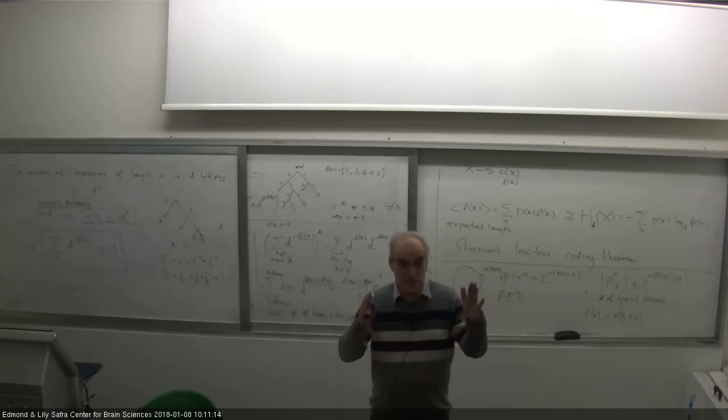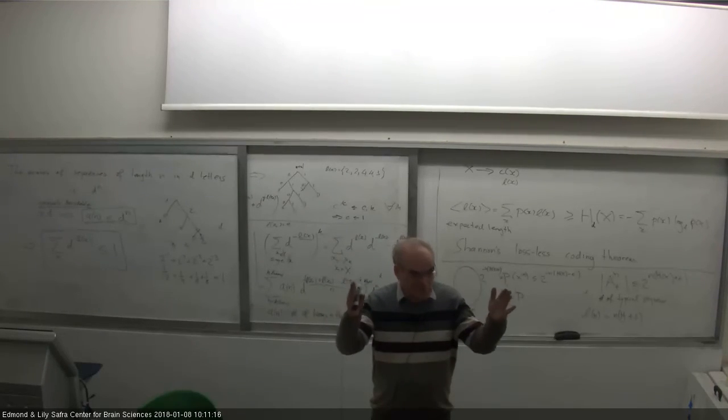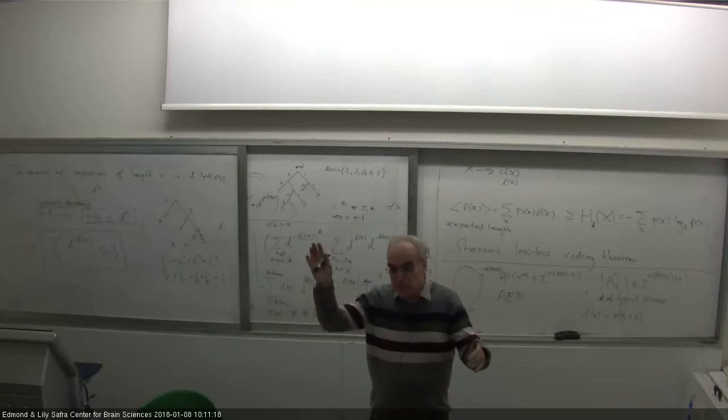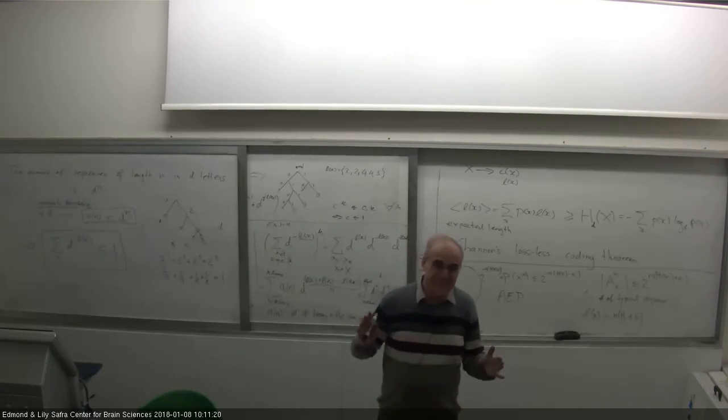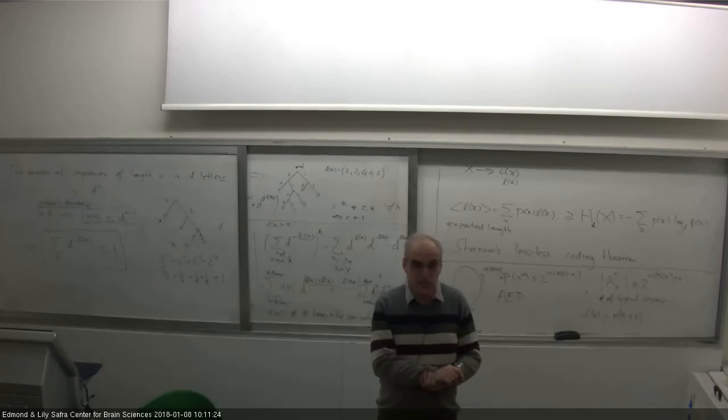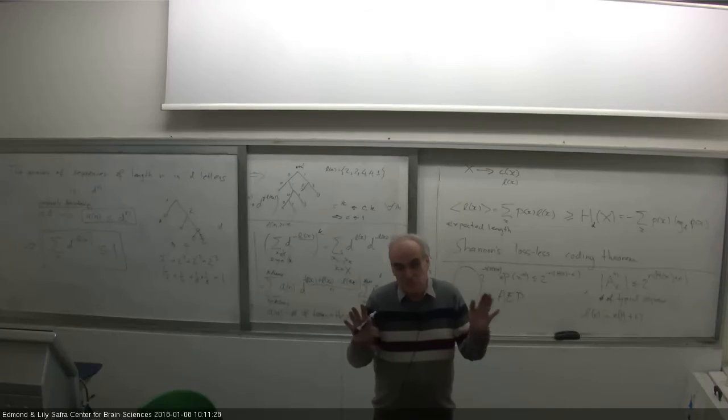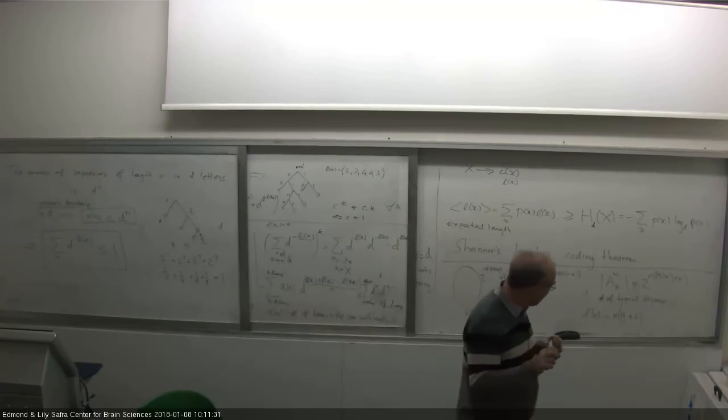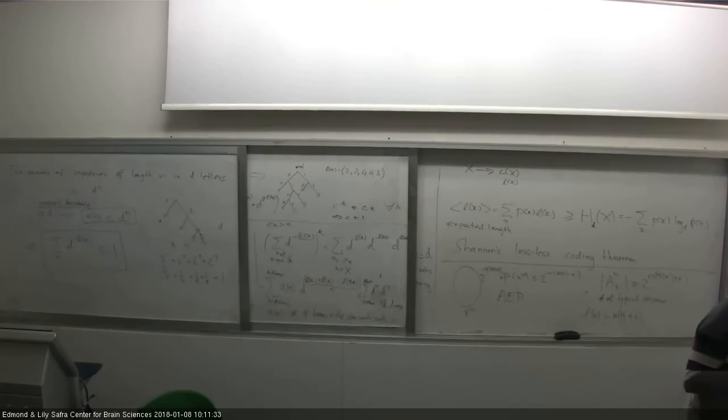You simply assign exactly nH bits to all the typical sequences, and whatever you want for the non-typical sequences, but then you push epsilon to be small enough, so most of the sequences are going to have nH codes. Now I'm going to show you a slightly tighter proof of this.